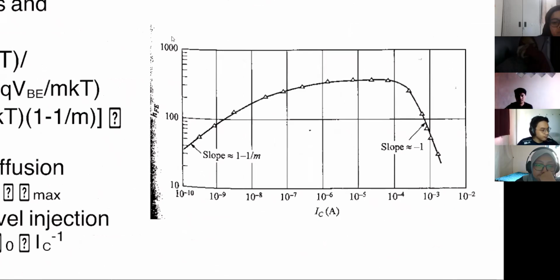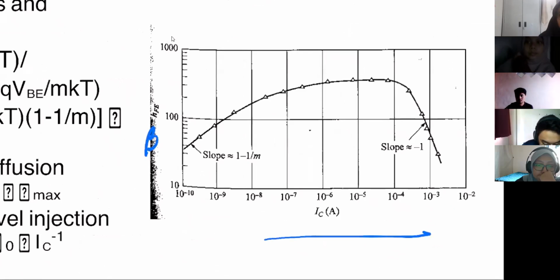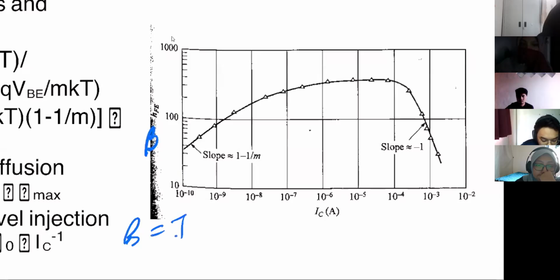Alright. So this is a graph of HFE, which is beta, against IC. As you increase the collector current, you are expecting the beta to increase. Right? Beta is IC over IB.